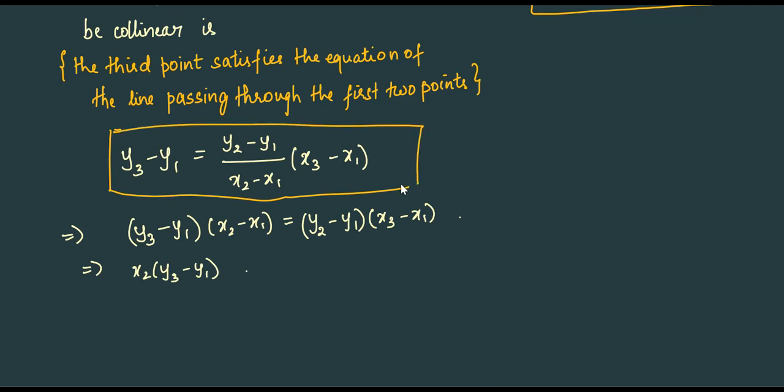We are now showing it in another form. x2 times (y3 minus y1) minus x1 times (y3 minus y1) equals x3 times (y2 minus y1) minus x1 times (y2 minus y1).